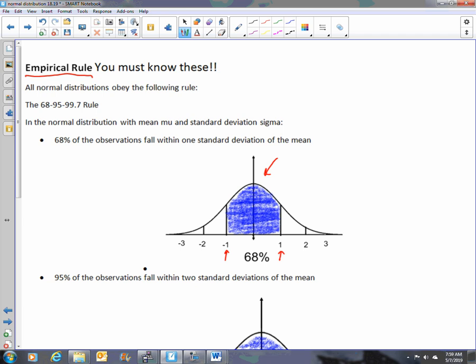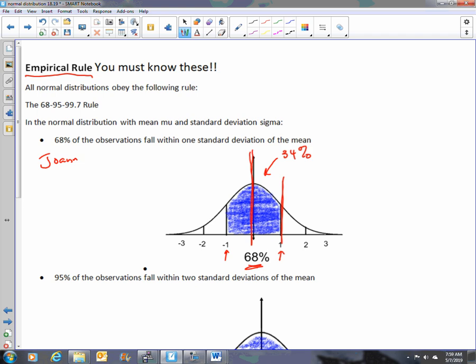See, let's go back to the 68%. Now remember, the curve is symmetric, so between the mean and one standard deviation, there will be 34% of the data. So now let's ask a question. Okay, we're going to use a mythical person. Let's call this person Joanna.